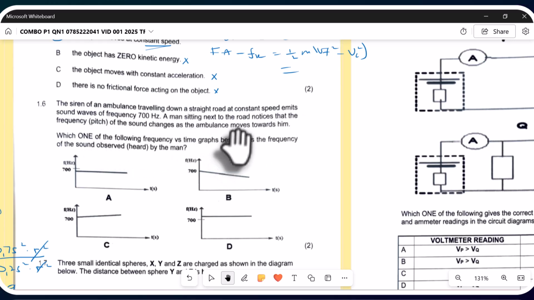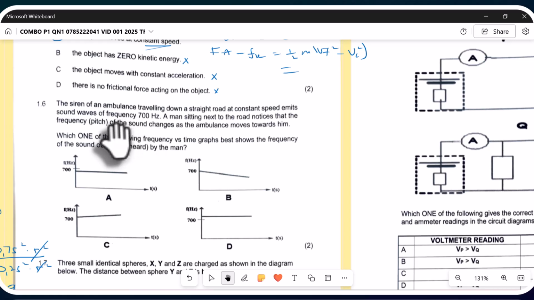I repeat, the siren of an ambulance traveling down a straight road at a constant speed emits sound waves of frequency 700 Hz. A man sitting next to the road notices that the frequency of the sound changes as the ambulance moves towards him. They say which one of the frequency versus time graphs best shows the frequency of the sound observed by the man.